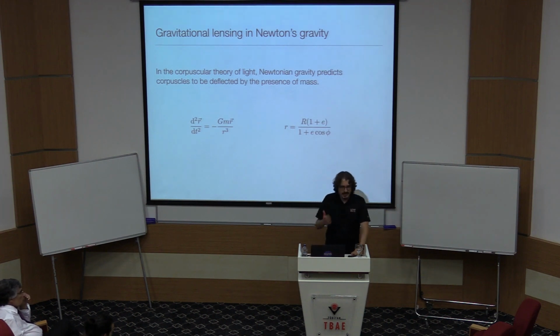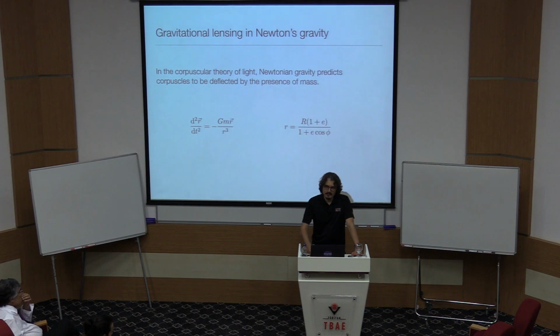Then you arrive at the conclusion that because acceleration is mass independent, these light particles, or what they used to call corpuscles, had to be deflected by the existence of mass.